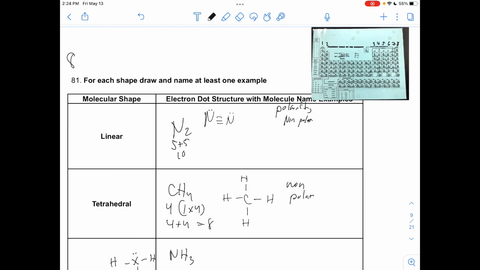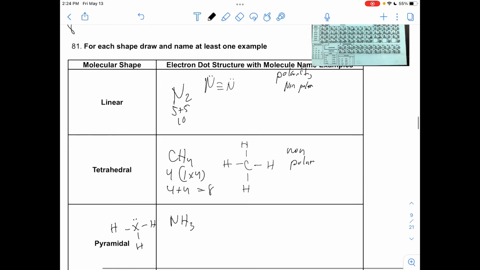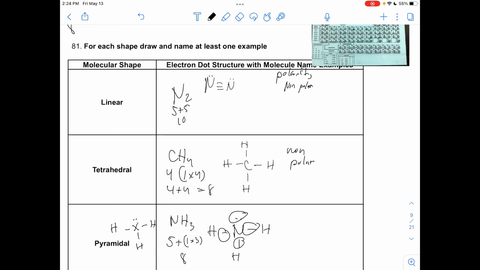Again, N has 5 valence electrons plus 1 times 3, should be 8. So I'm gonna bond the hydrogens, and then since nitrogen has an open spot right there, I'm gonna fill it up with valence electrons, or a lone pair, and then count 2, 4, 6, 8.